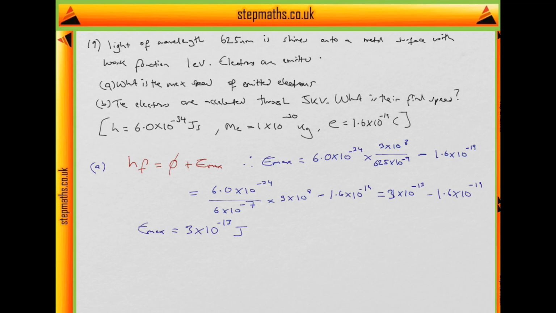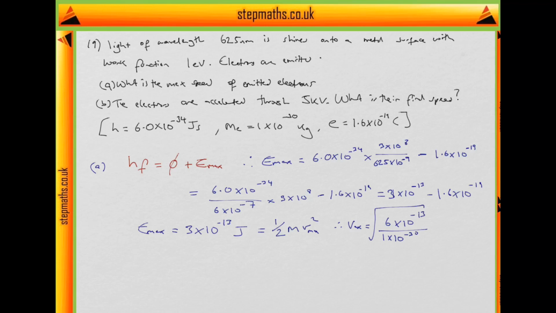We know that this corresponds to half mv squared, and therefore vmax equals the square root of 6 times 10 to the minus 13 divided by the mass of an electron, which we're told is 1 times 10 to the minus 30 kilograms.